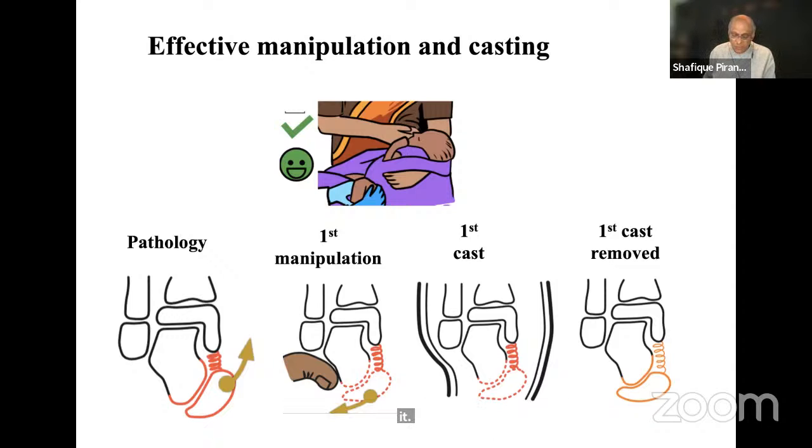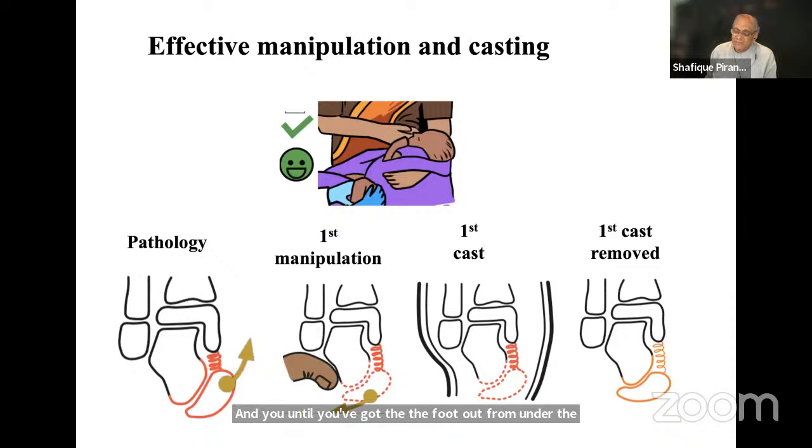Because what you eventually want is the subtalar joint fully corrected and the ankle joint fully corrected. And until you've got the foot out from under the talus, the amount of equinus is always going to be a combination of both ankle joint and subtalar joint.